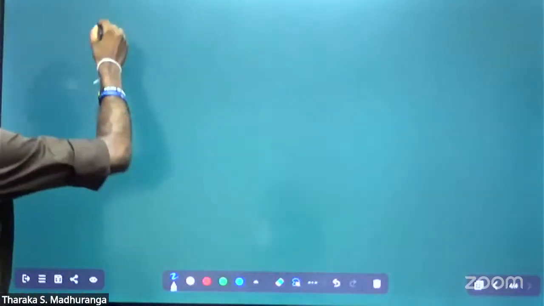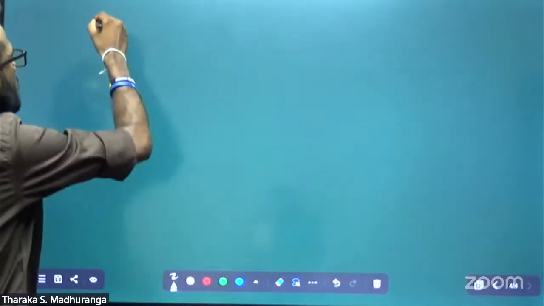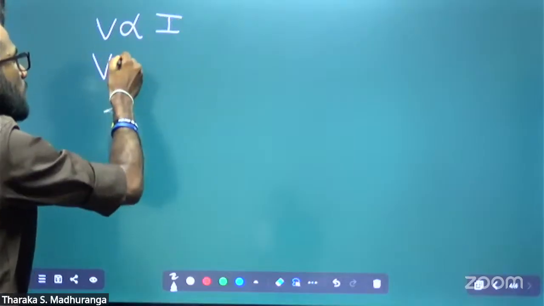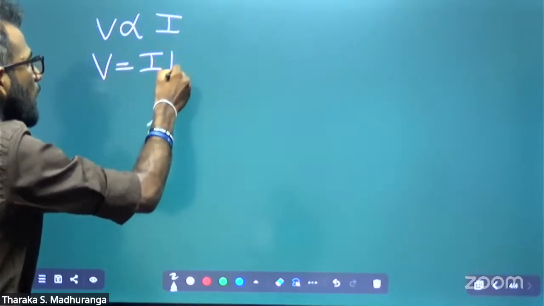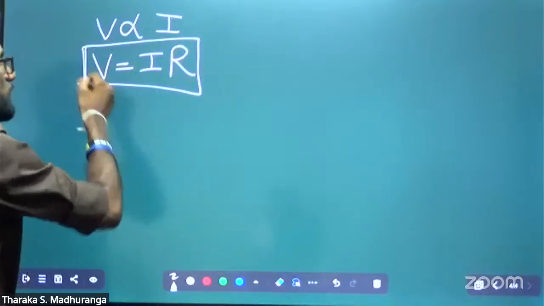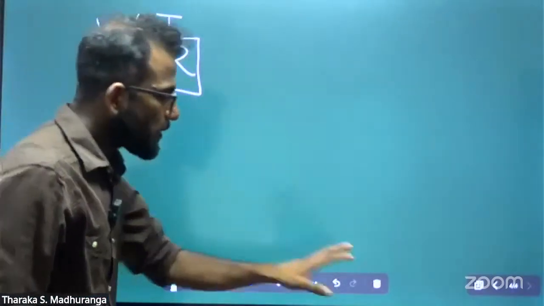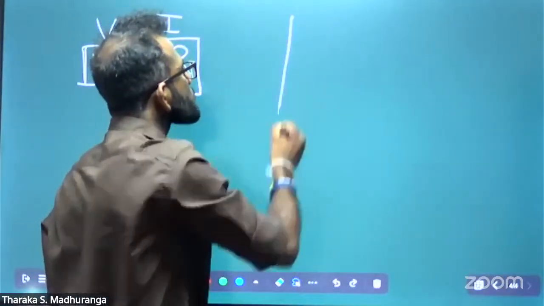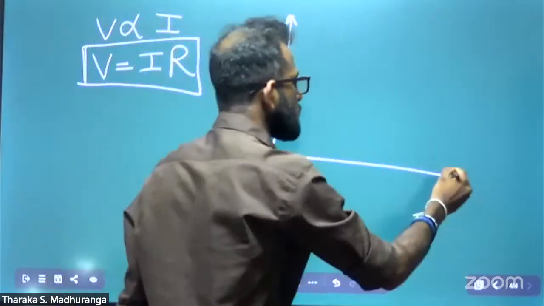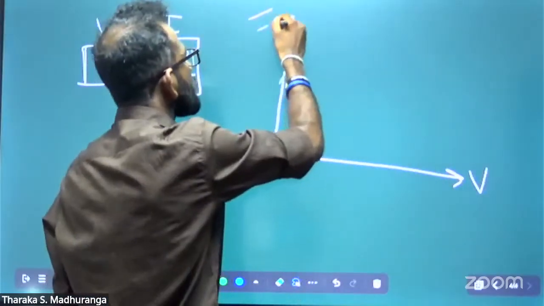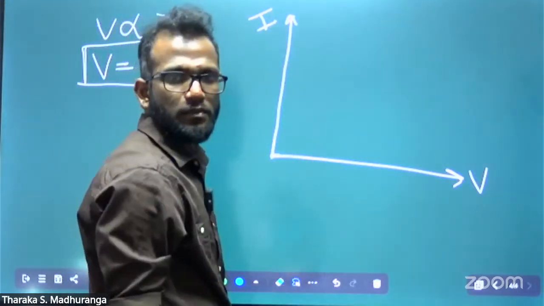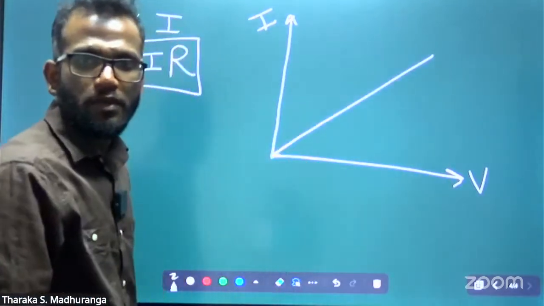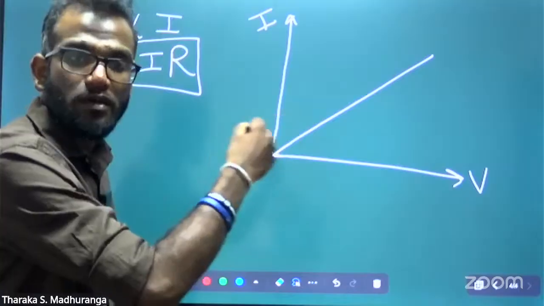V is directly proportional to I, therefore V equals IR. In the previous experiment, we got a relationship between V and I, like this. The relationship was directly proportional. It is a straight line going through the origin.